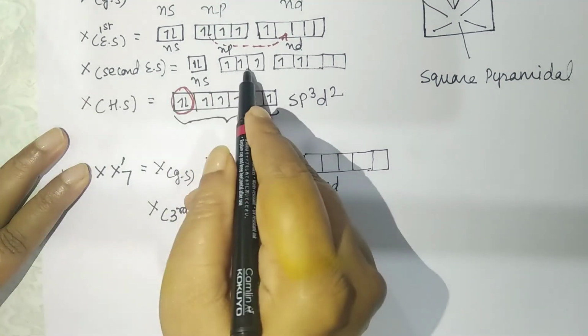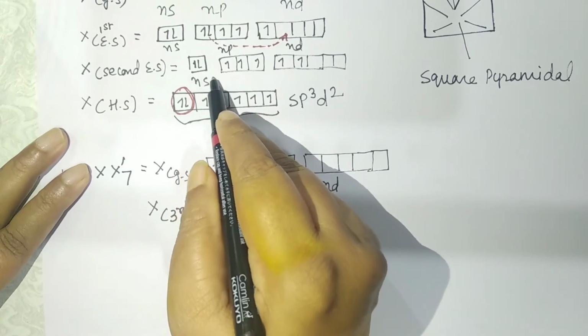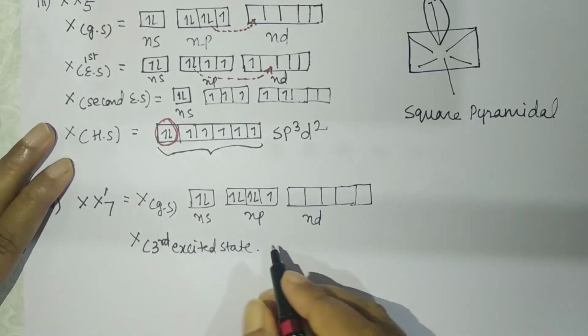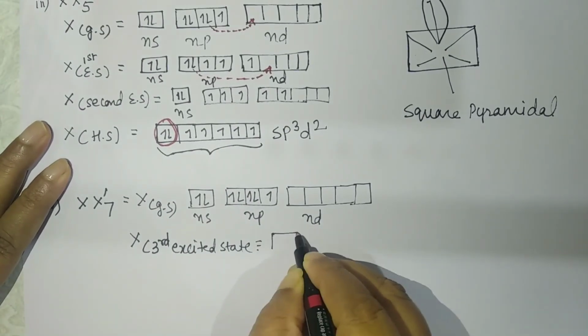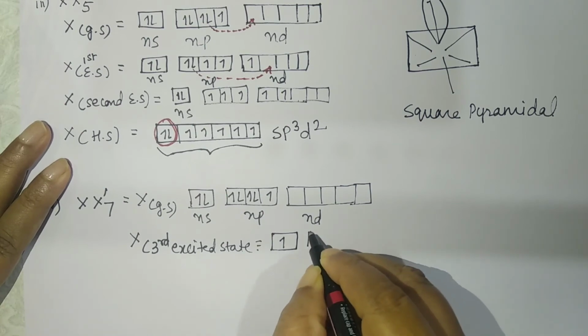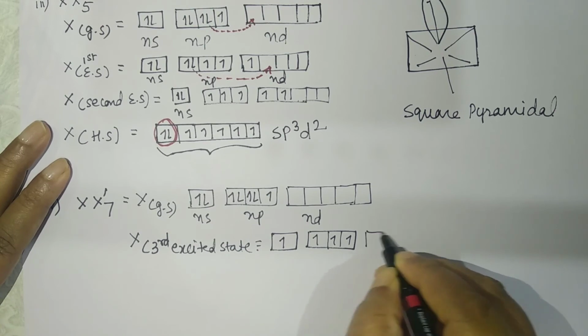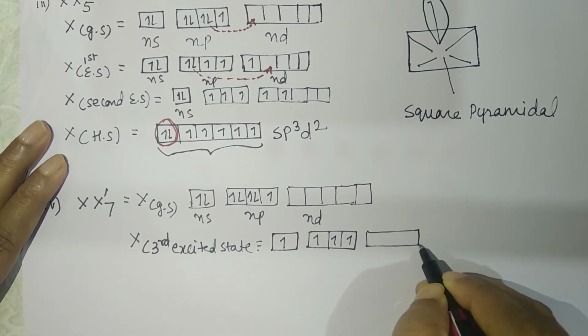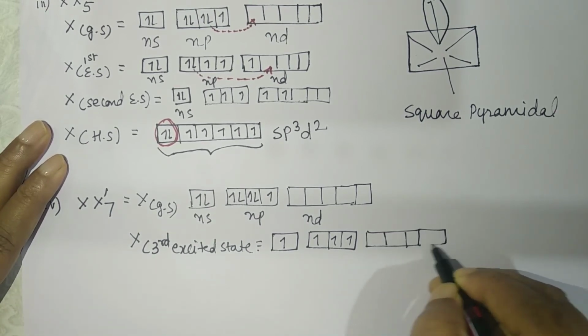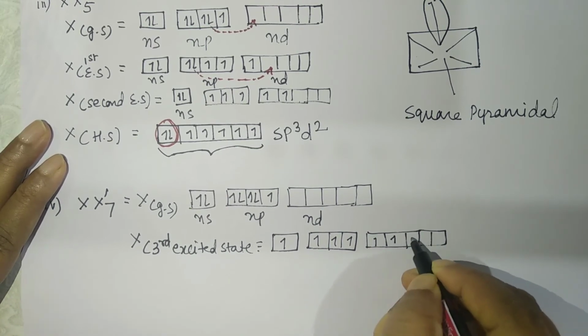After this step, you have to show that this electron also gets excited to this. So what I will have here in the third excited state is this electron here, 1, 2, 3, and now there will be 3 electrons in the d orbital. So it will be like this.